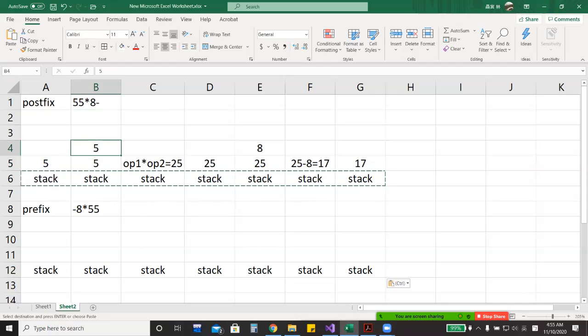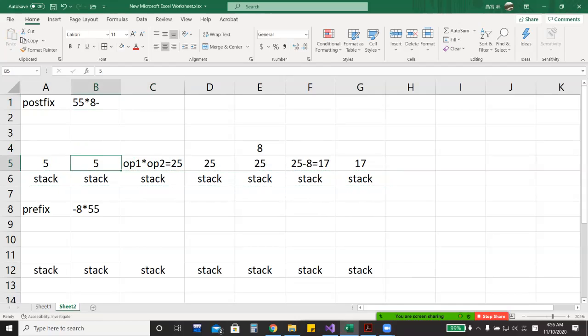Then when it reads the operator, because there are two values already, it needs the operator to deal with the two values first. The first top value, which is 5, will be regarded as OP1, and then popped out.